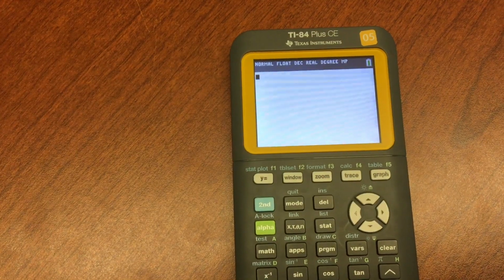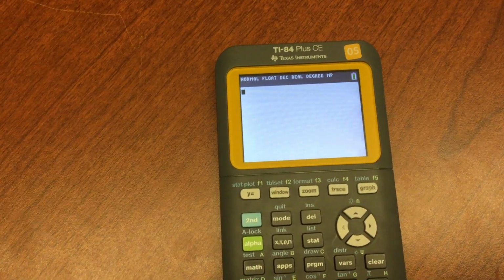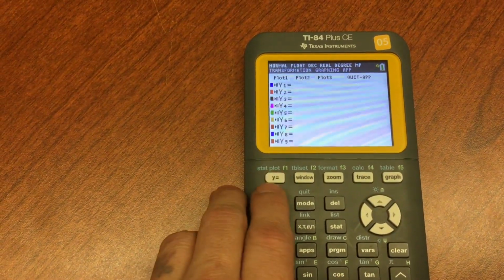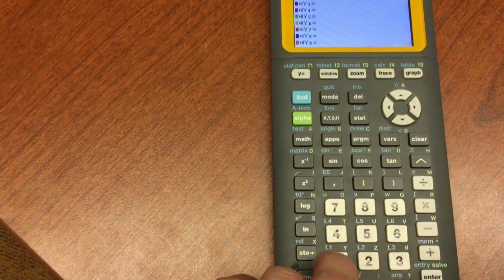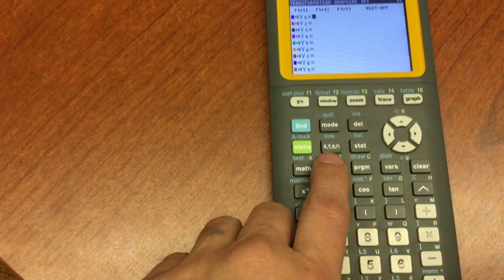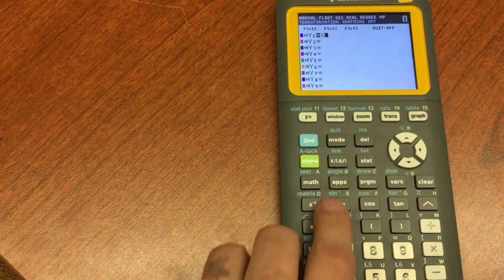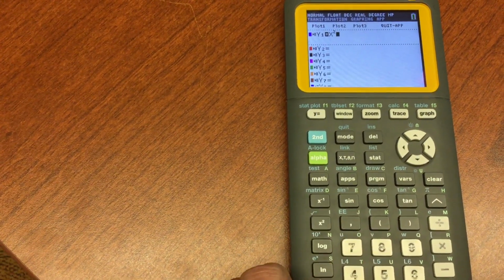Okay, so our equation that we had on pool number 4, I want to put into y equals. So then I had, it was x squared, so x is this button here, x. Squared is right here, x squared.